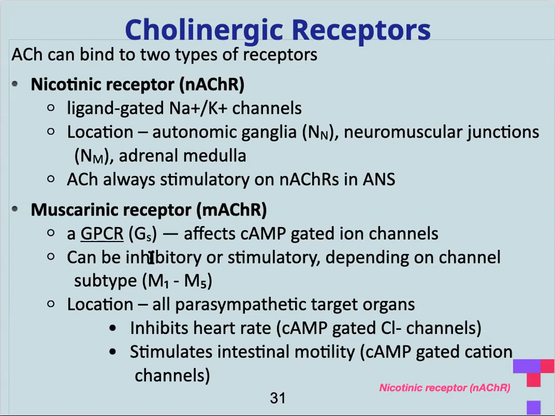Their actions can be inhibitory or excitatory depending on the channel subtypes. Again, I don't need you to know the subtypes, but understand that the effect can be either inhibitory or excitatory. And the places we can find those are the parasympathetic target organs. There is an illustration later that will help you remember where you can find each of these types of receptors.